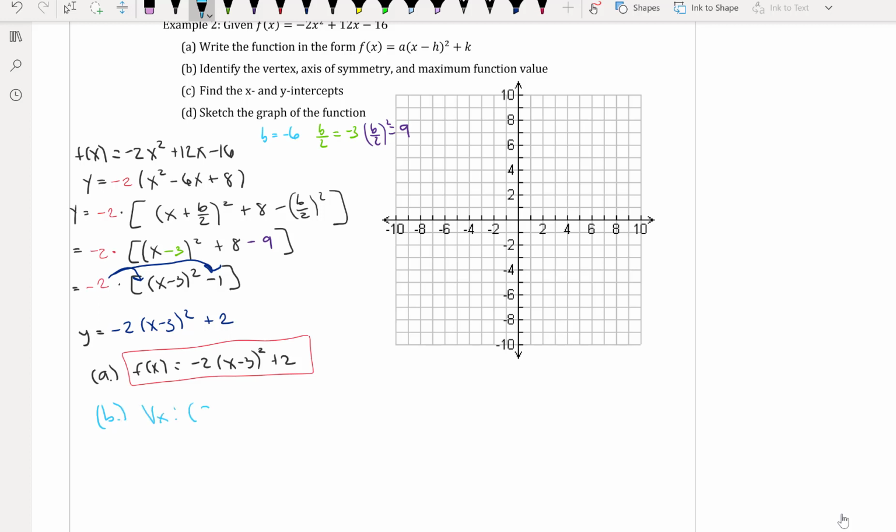So the vertex here is going to be a positive 3, positive 2. Well, it also tells me to give me the axis of symmetry. So the axis of symmetry would be that x is equal to a positive 3. The next thing they ask me for is the maximum function value.